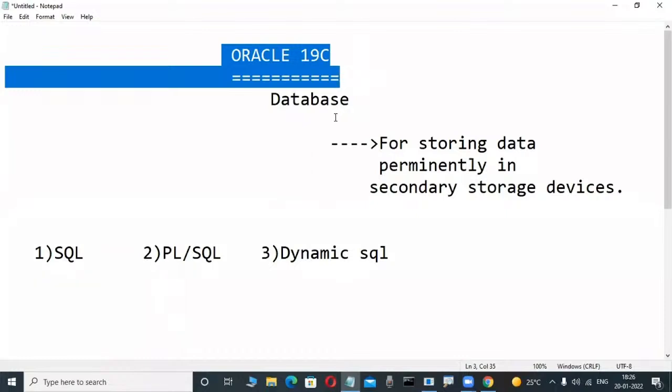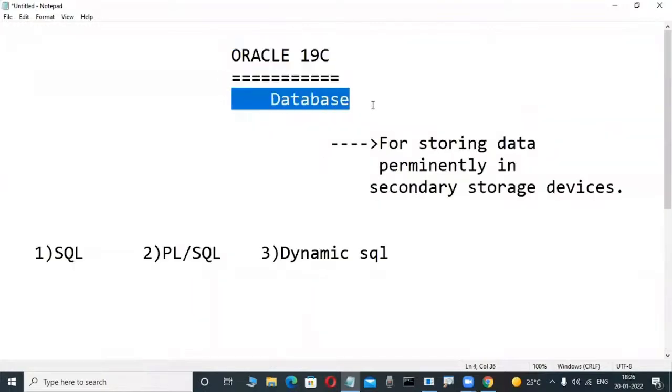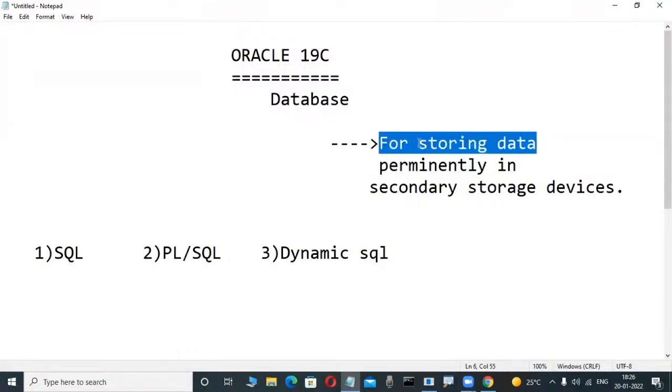Check it out. Unfortunately, so many people think that database means nothing: there is some Java, .NET, or Python application with a front end, and the data we enter is just for storing. First-time newcomers think that in the backend they are storing data for storage purposes only. But that is absolutely wrong.